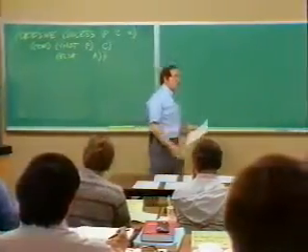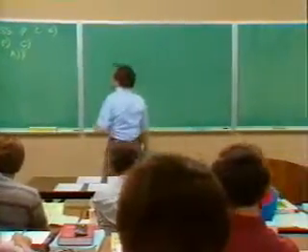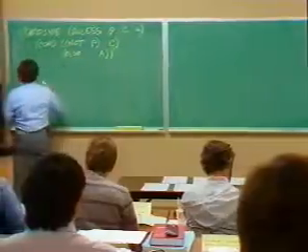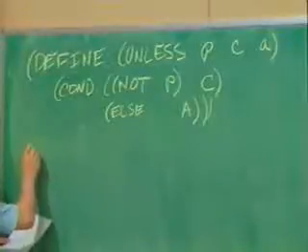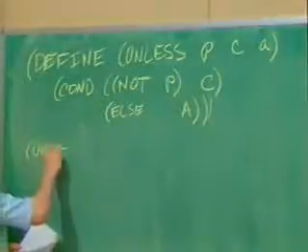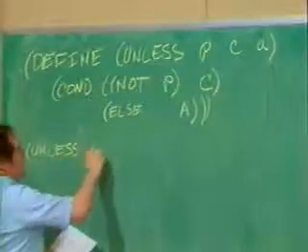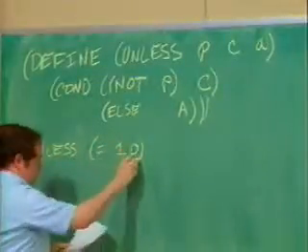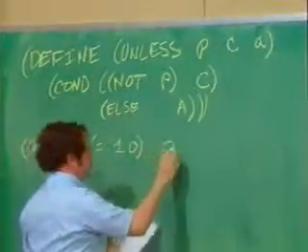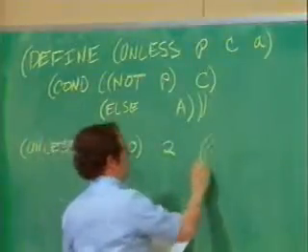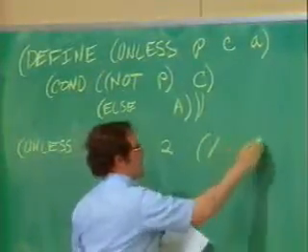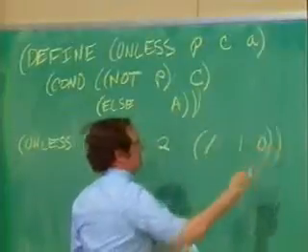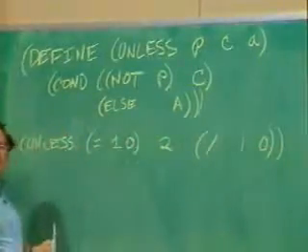Now what I'd like this to mean is supposing I do something like this. I'd like this unless, say, if equals 1, 0, then the answer is 2. Otherwise, the quotient of 1 and 0. Okay?